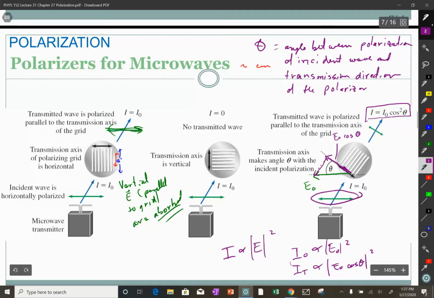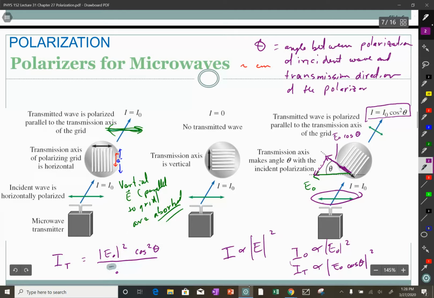And so if I compare those, I know those are proportionalities, but if I relate them to each other, the proportionalities cancel.